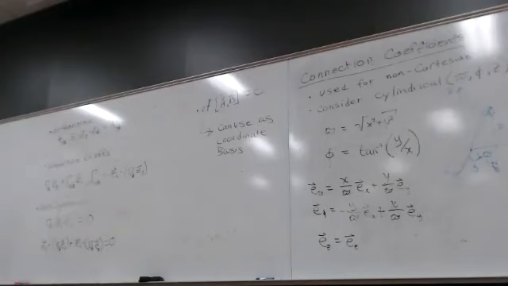Both of those are connection coefficients with their indices flip-flopped. So this implies that connection coefficient ijk is equal to, which one is this? By my definition up there, that's this one right here, in terms of the ordering of the indices.